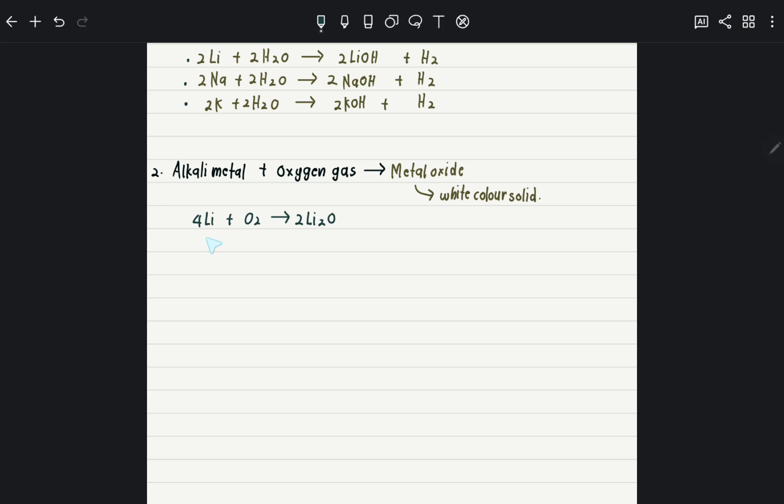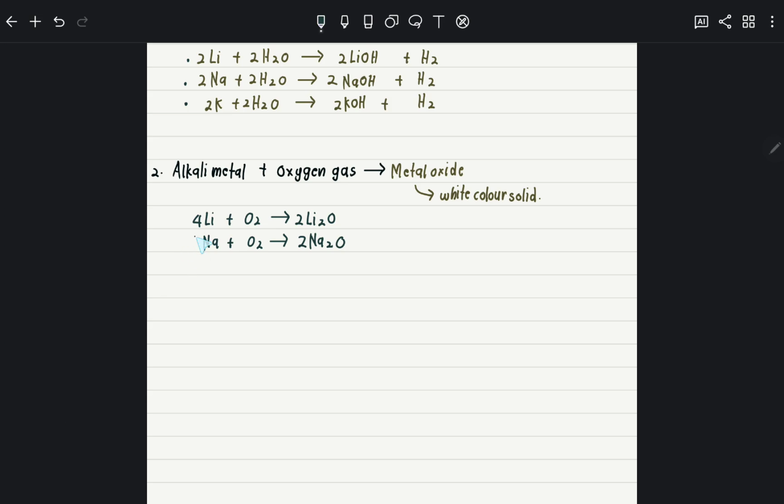Okay, let's say dia react dengan sodium. If sodium plus oxygen, dia akan hasilkan metal oxide juga. So Na plus and O2 minus. You silangkan the charge, you cross the charge lah. So you will end up getting Na2O. Letak 2 kat sini, ni pula bermasalah sebab nak letak 2 kat sini, so jadi 4.